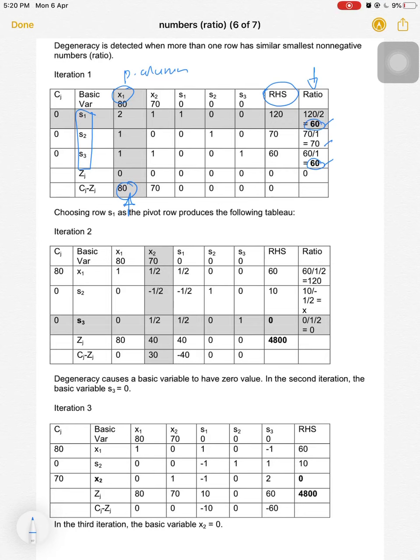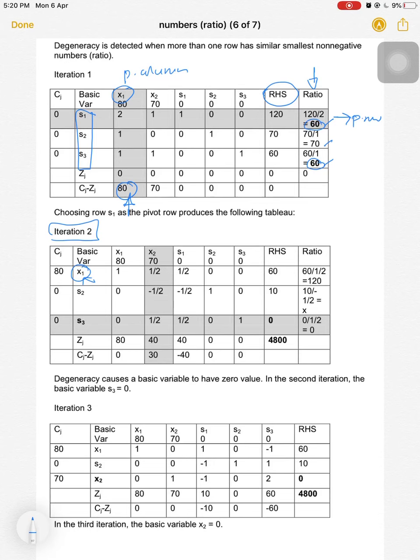You can choose S1 as the leaving variable, or you can choose S3. Choosing row S1 as the pivot row produces the following tableau. This example shows this is the pivot row. In this tableau, S1 is replaced with X1.